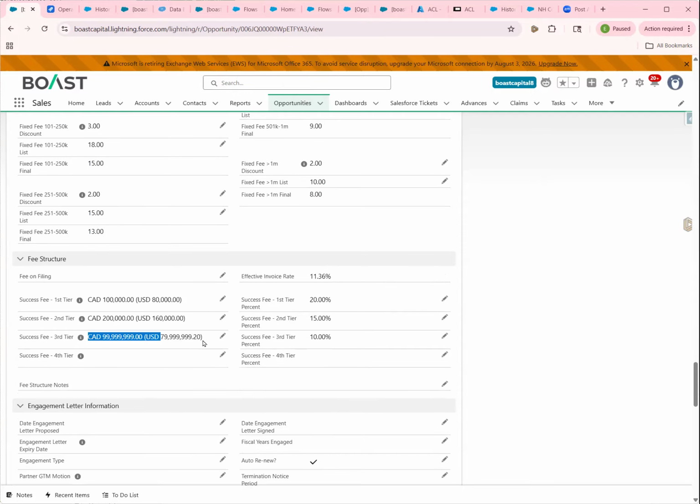Okay. Now, you mentioned the other day that there are fields that we can't move away from because reporting and other systems rely on them. Obviously, if we are going to support multiple tiers with adjustable ranges, I assume these fields under fee structure and under fixed fee, we can drop those.